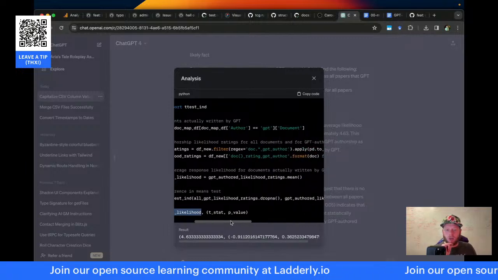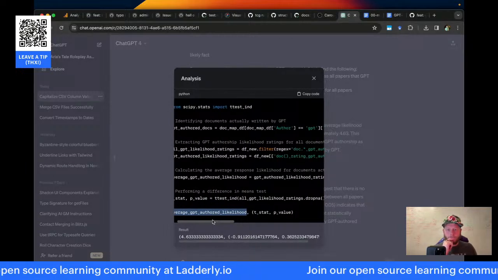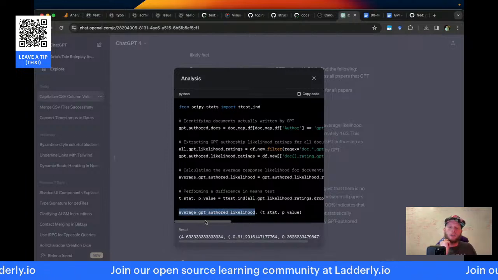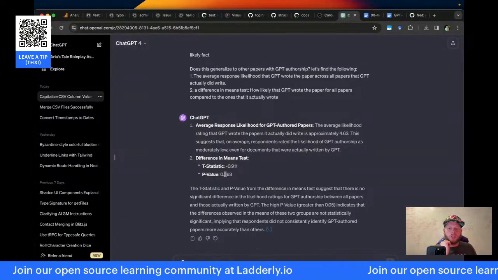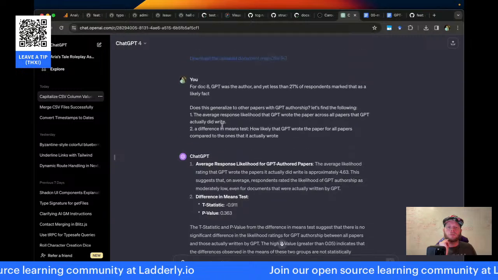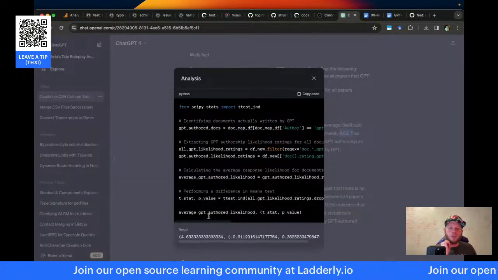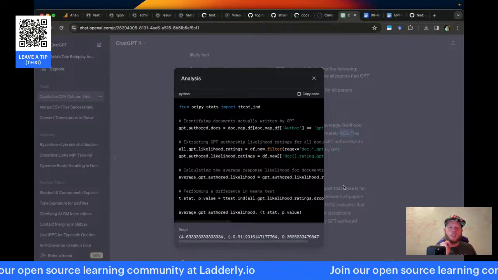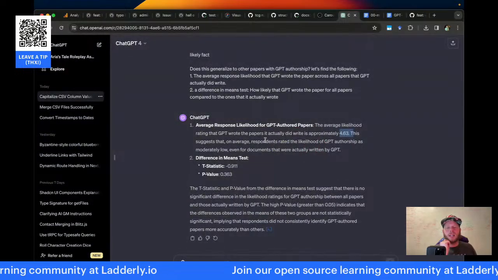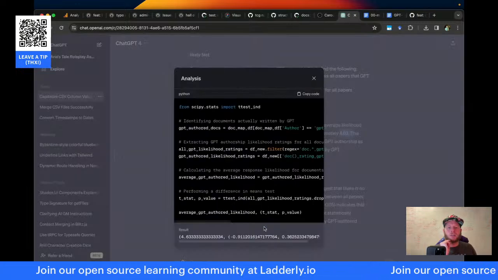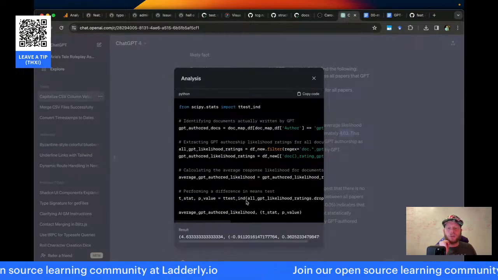Right, this is across all. Average GPT authored likelihood is across all 4.6 versus 4.63. So is it 4.63 in both cases? That it actually wrote is 4.63. And what about all papers, whether it wrote them or not?